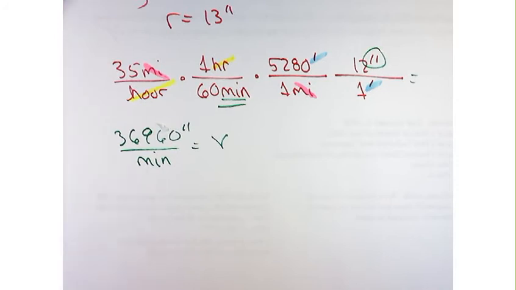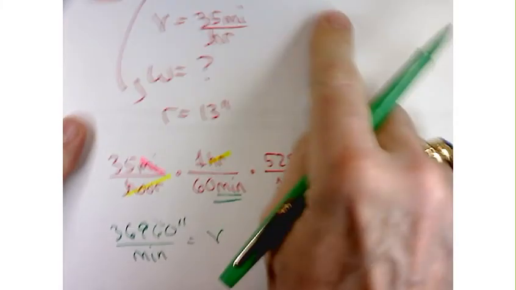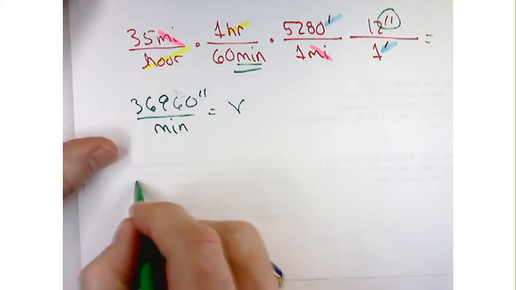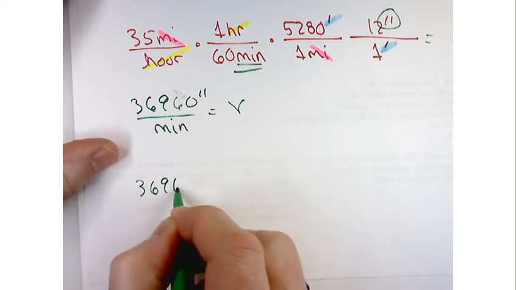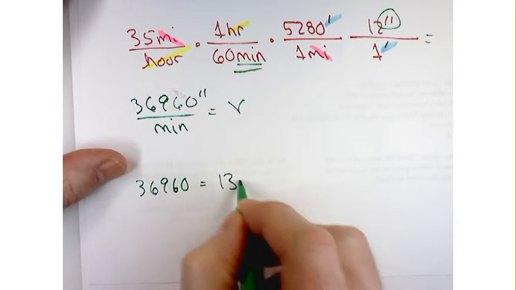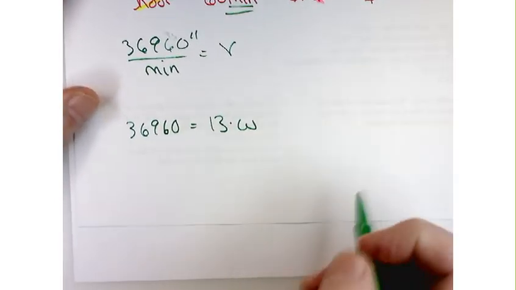Now I can work on calculating omega. So let's take a look here. I know what V is. I know what R is. So it's going to be 36,960 equals 13 times omega. So, okay.